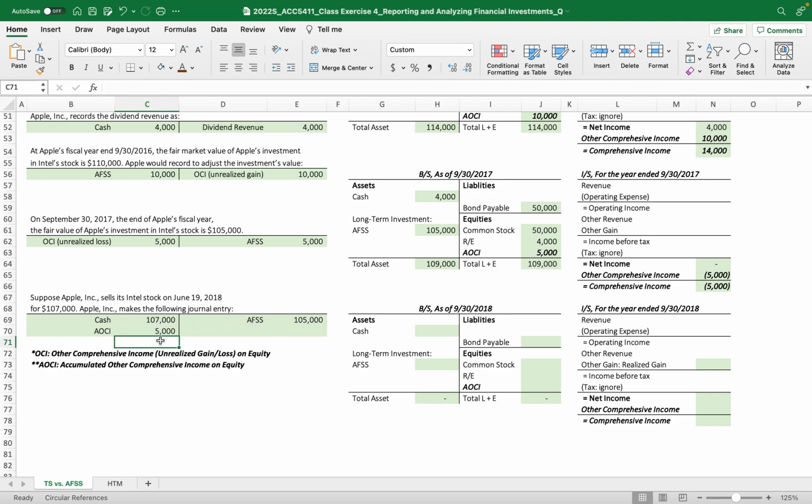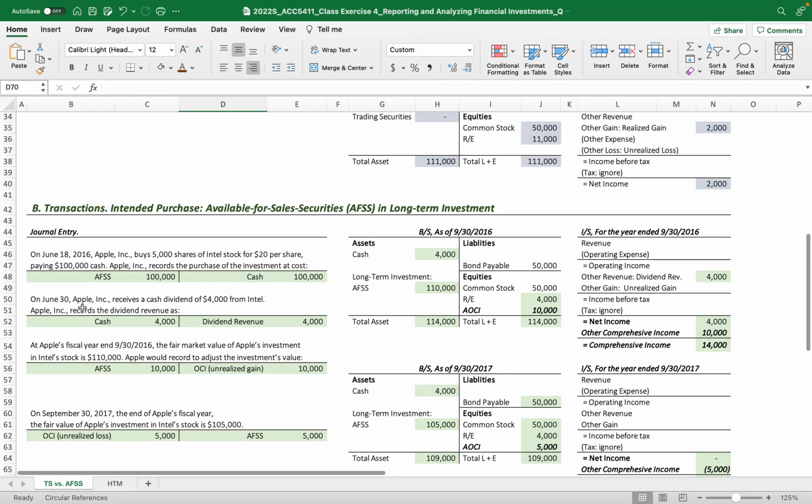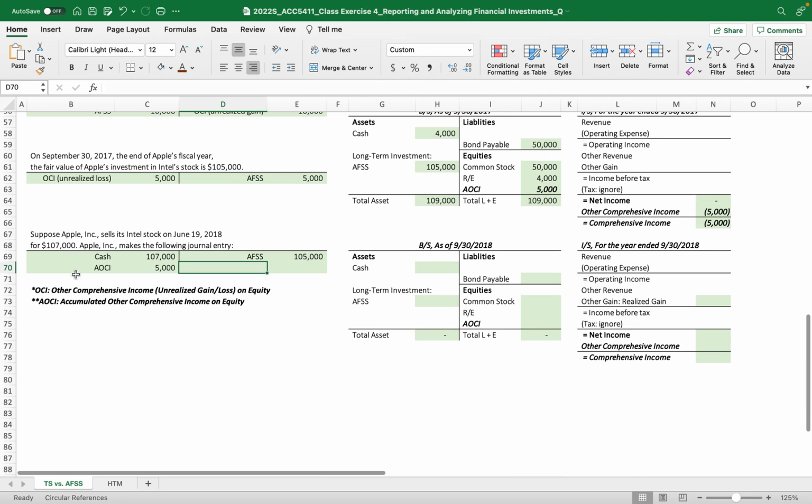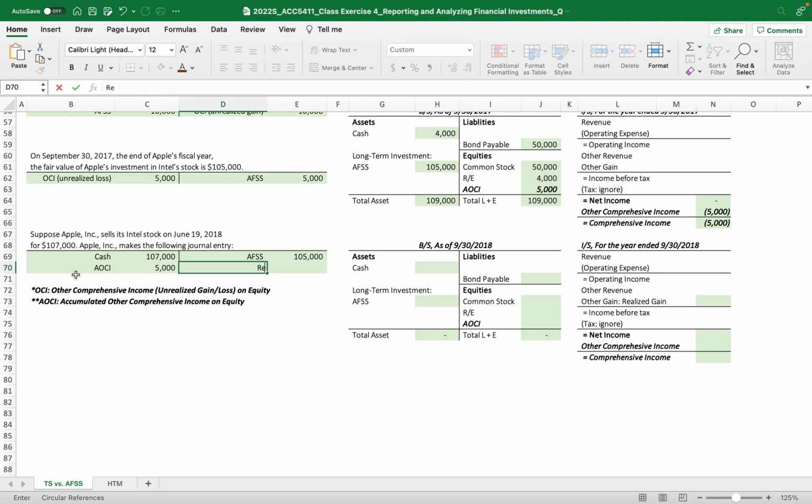And then we have to decide whether the company realized a gain or realized a loss. $107,000 is the selling price, but the original cost was $100,000, right? So that must be realized gain.